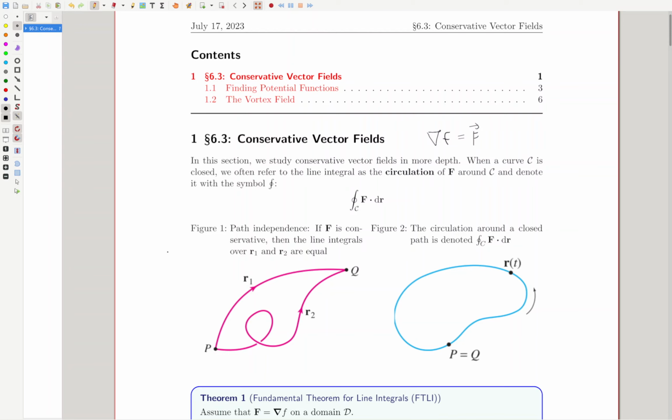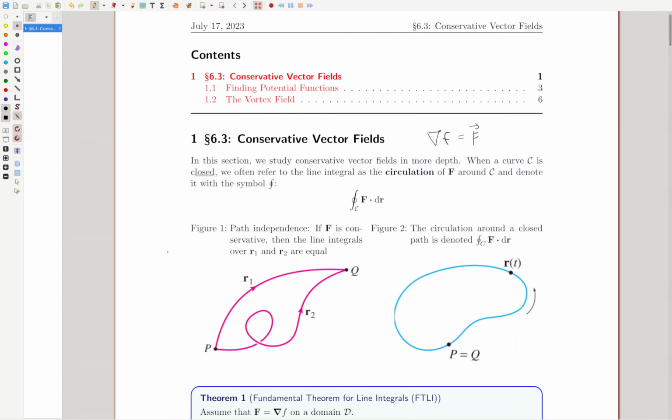First of all, a bit of an addition to notation. We have this kind of integral with a circle around it, and this is sometimes called a contour integral because you're integrating over C, which is some contour. But specifically, when you have this circle, what this usually means is that the curve C is actually closed.